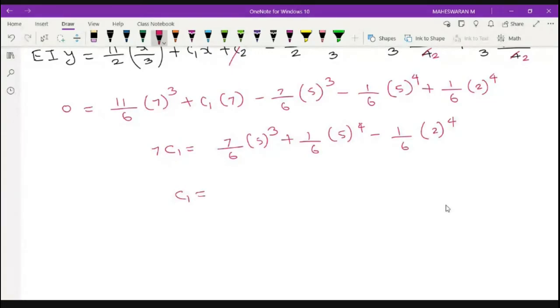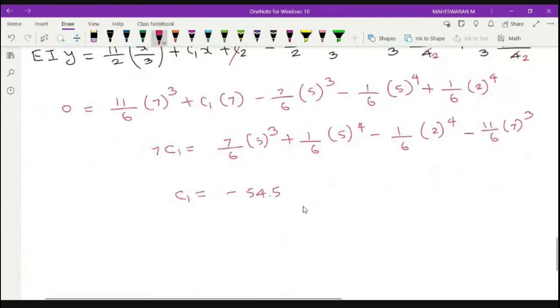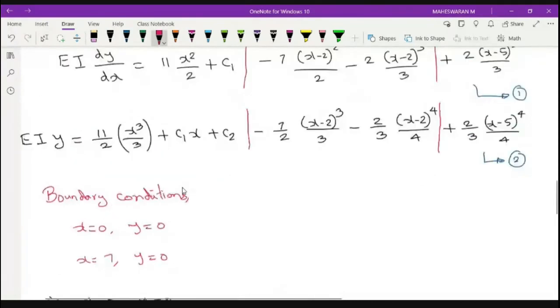Sorry, I missed the 11 by 6, so it has to be minus 11 by 6 into 7 cube over 7. Right, so what is the answer? Minus 54.5, sir. Minus 54.5, okay. So I got the value of C1. You can check it out.